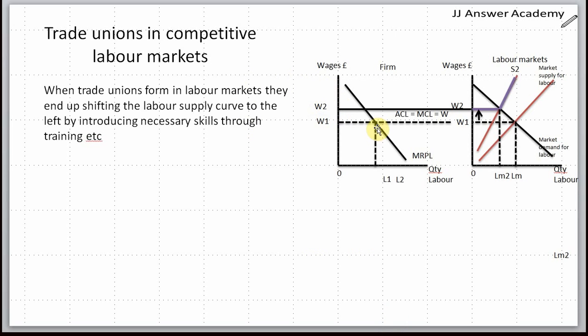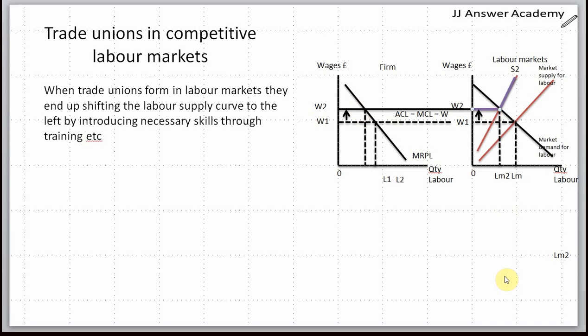The firm's total cost will increase because of the rising wage bill, as wages have moved up from W1 to W2. But do you think firms can employ workers in free markets below the wage rate of W2? No, I don't think they can. Right, well done.